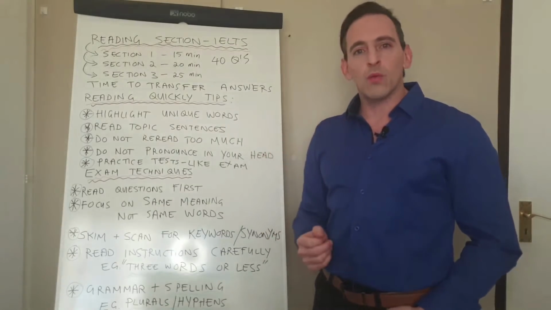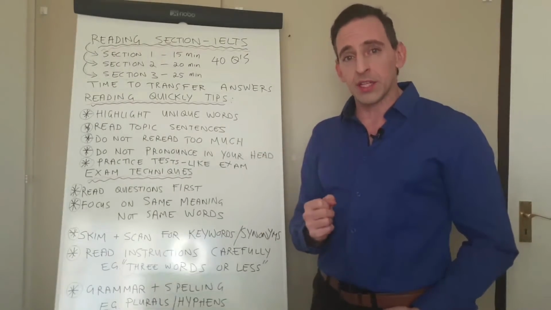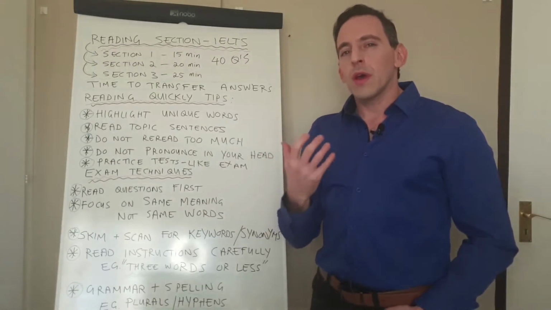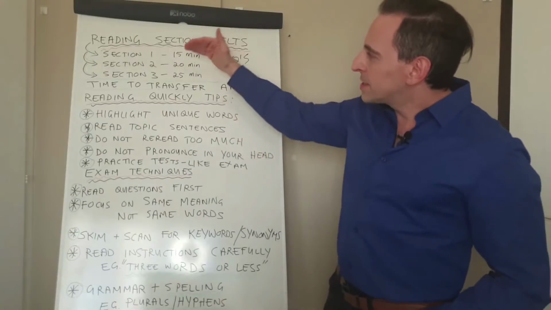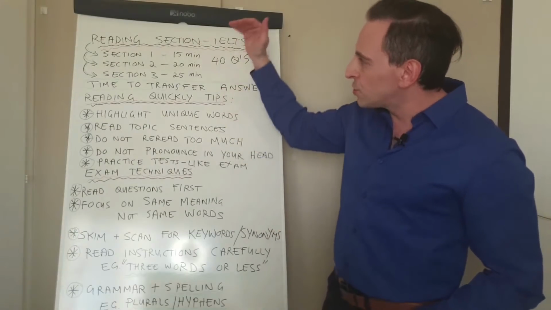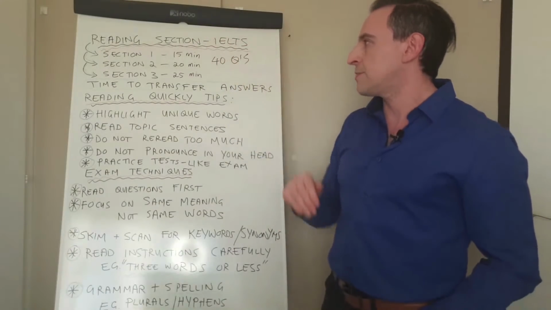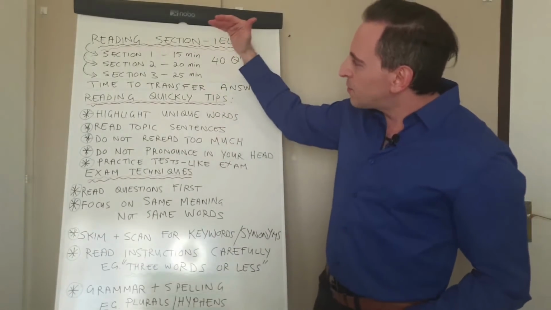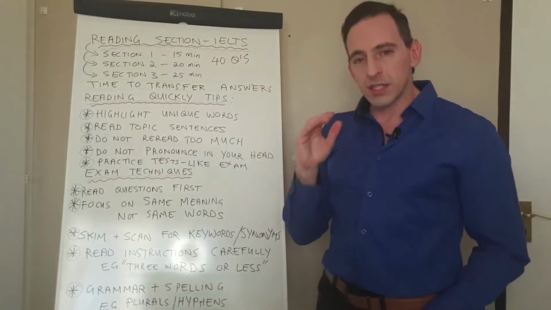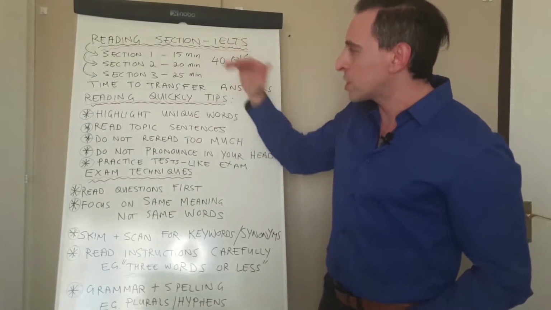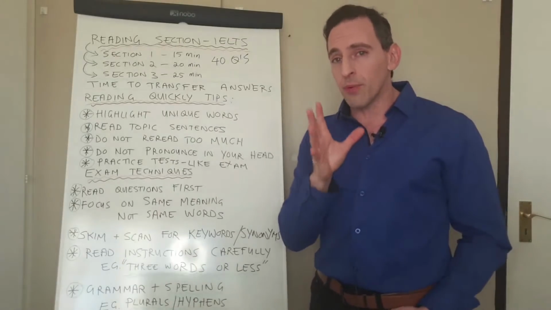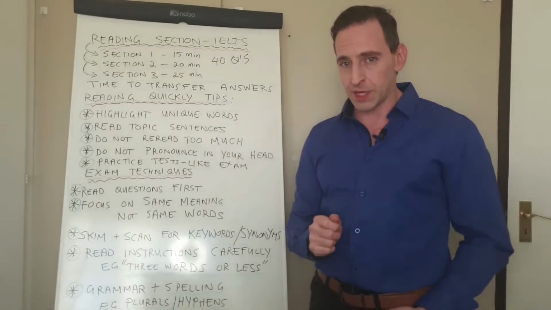The grammar will be more tricky and complex. The words will be bigger. So what you need to do is not divide your hour into 20 minutes, 20 minutes, 20 minutes. The first thing you need to realize is that you have to spend less time on section 1 and more time on section 3. That's your first important thing for time management.